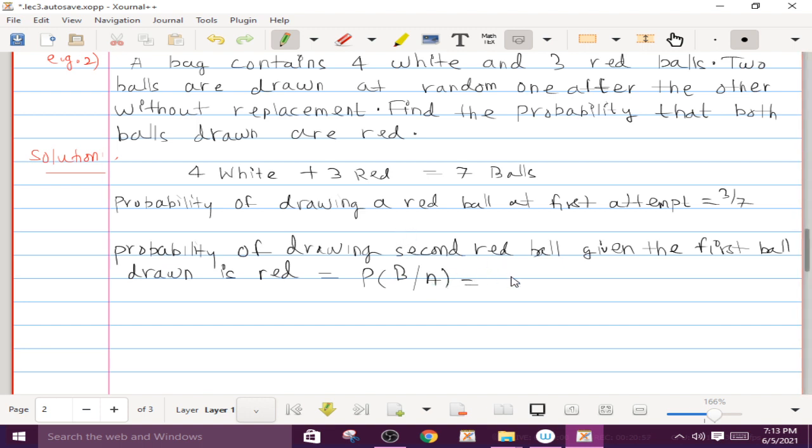Okay, so now we have total 6 balls and remaining red balls are 2.